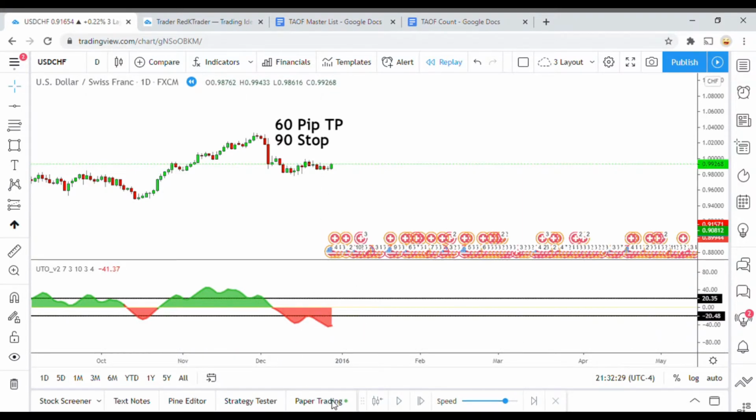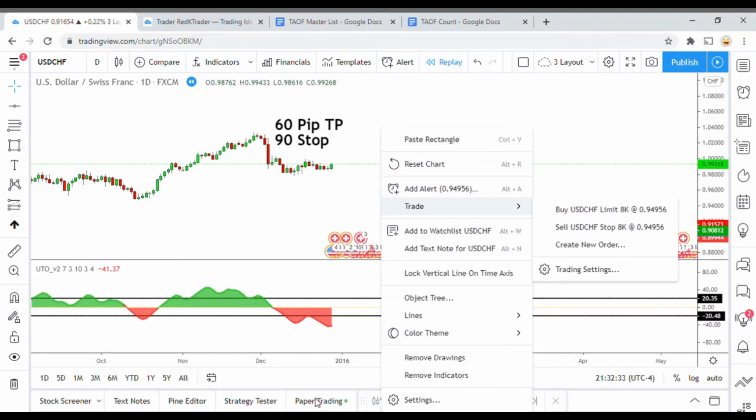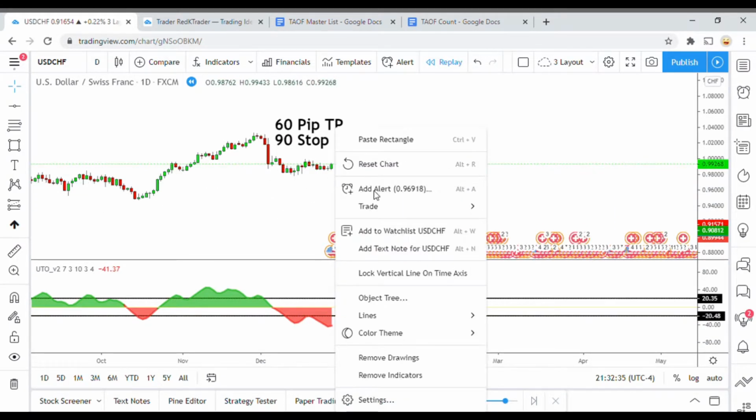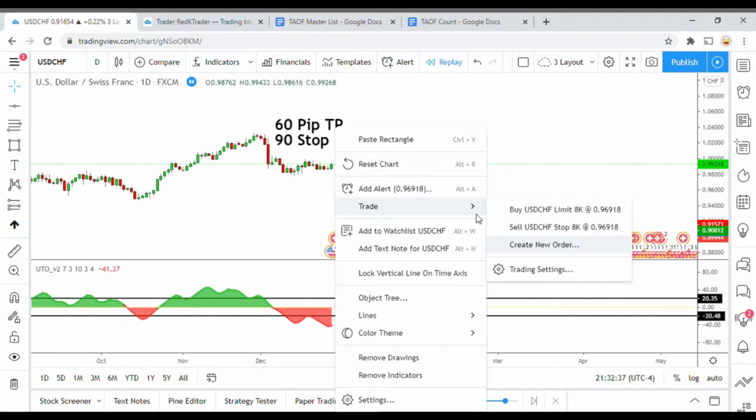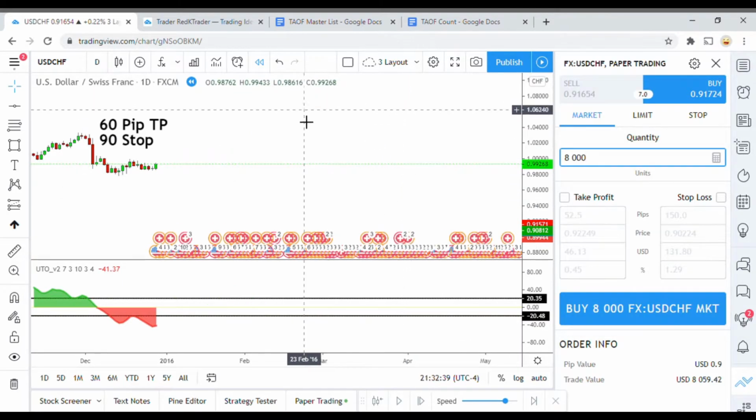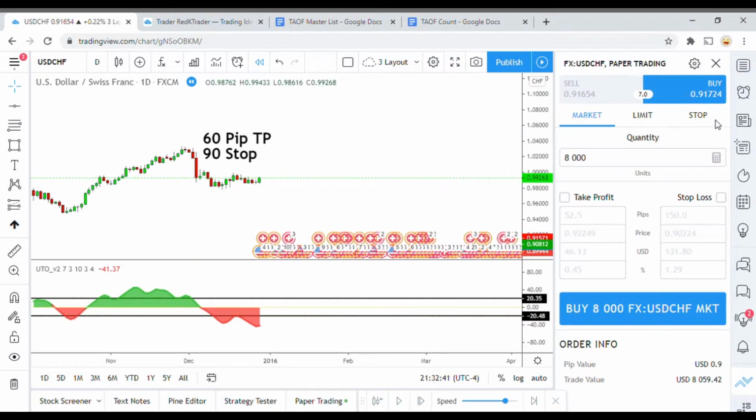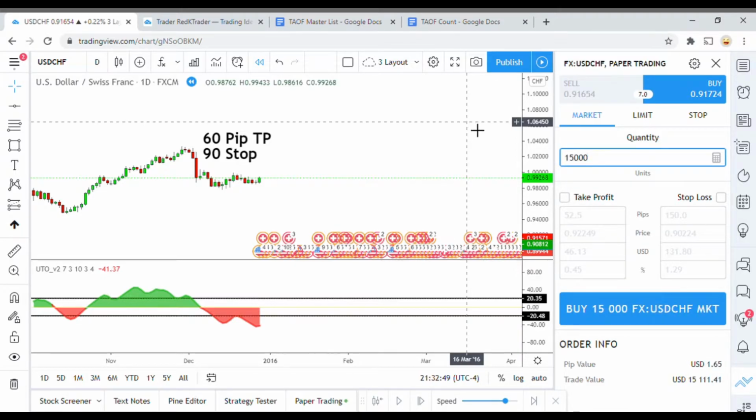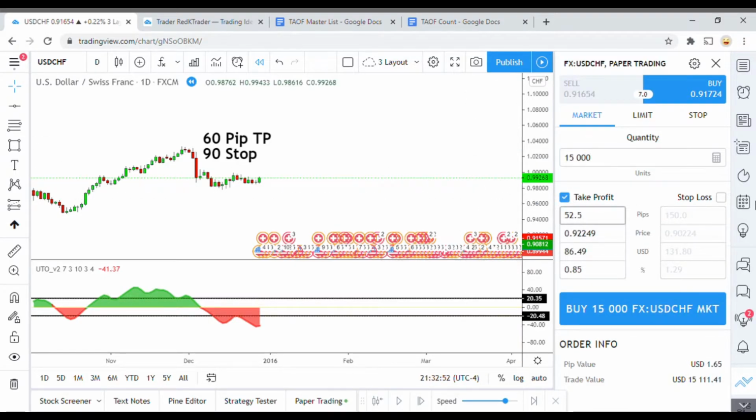And so TradingView has a really great paper trading function. And you can see the tab down here at the bottom where it says paper trading. And so for example, if I go in here and I go to create an order, you can see that it brings up a trading window over here. And you can trade just like you're a real trader, placing trades, you know, limits, stop orders.